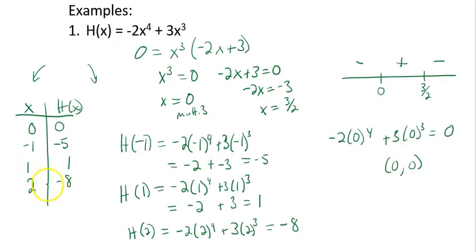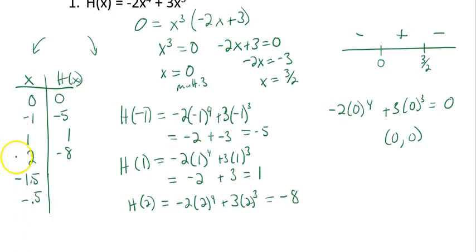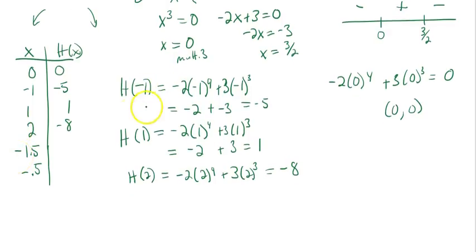Let's find a couple more points just to make this nice and clear. So let's pick a negative 1.5 and a negative 0.5 and 0.5 and maybe 2.5.